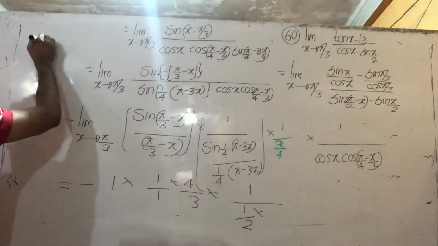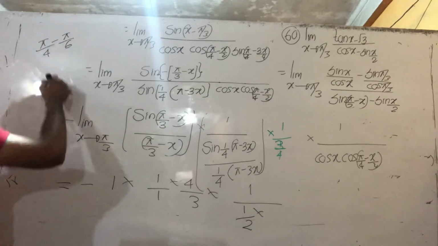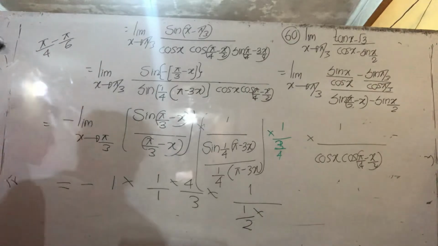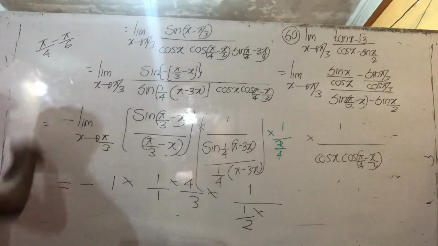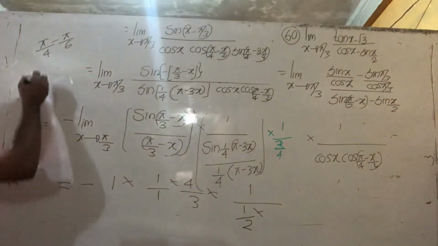What is pi by 4 minus pi by 6? 45 minus 30, is it?